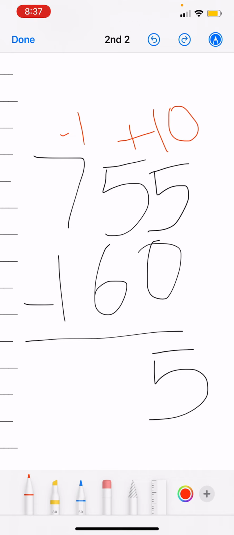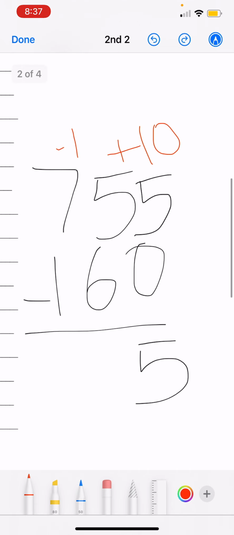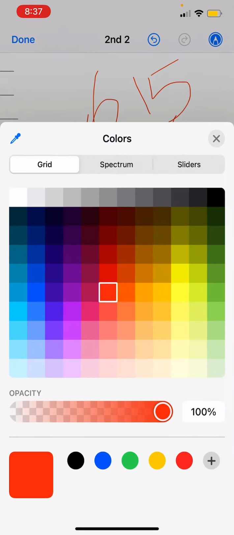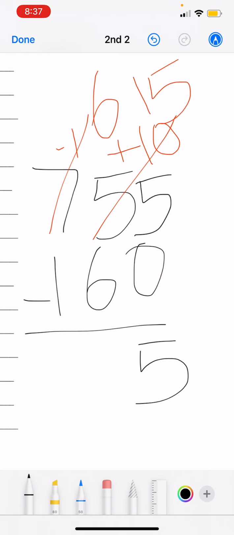Okay, so that changes it. So 5 plus 10, that is 15. 7 minus 1, that becomes 6. All right, we're done with our thing, so let's subtract. So it's 15 minus 6. What's 15 minus 6?